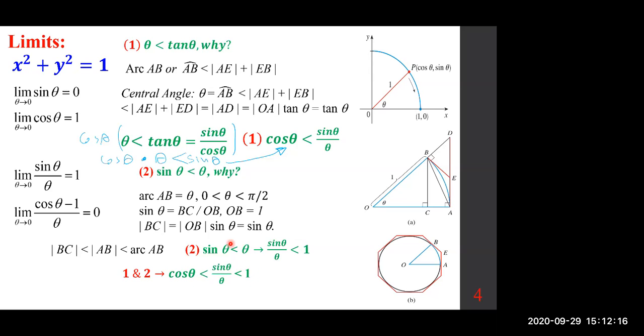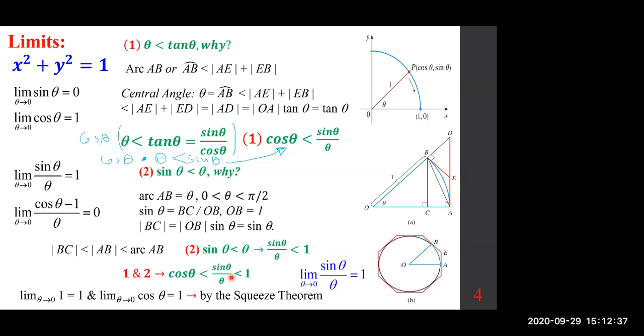Both of them go to 1. And by the squeeze theorem, the middle term happens to be the same. Cosine of 0 is 1. So by the squeeze theorem, the limit of sine theta over theta as theta approaches 0 equals 1.